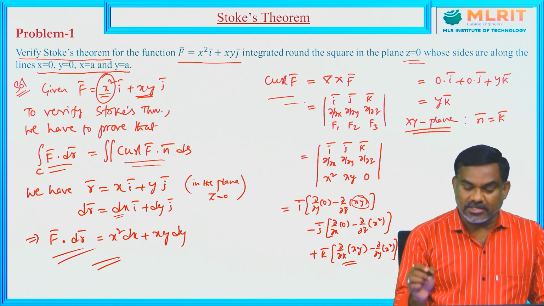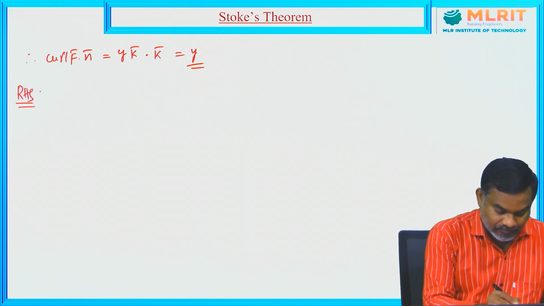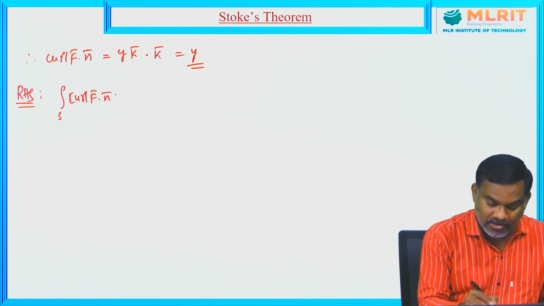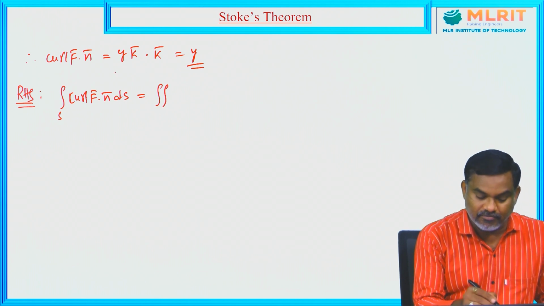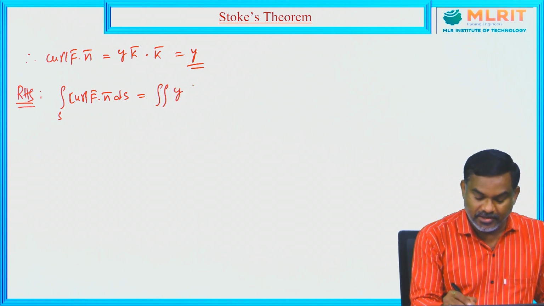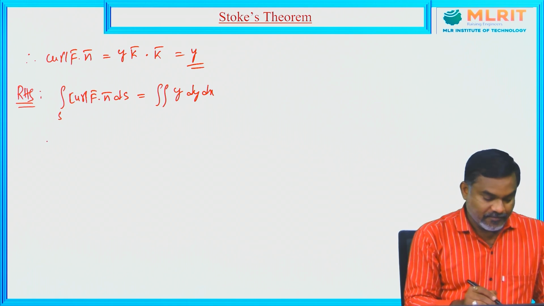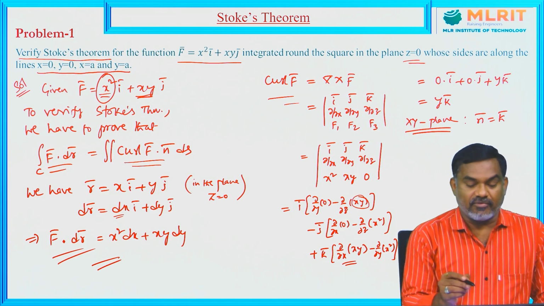Now let us consider the RHS first. What is RHS? Surface integral curl f bar dot n bar ds, which is the double integral of curl f bar dot n bar, that is y dy dx, and we need to find the limits. Here the surface is bounded by the lines x equal to 0, y equal to 0, x equal to a, y equal to a.